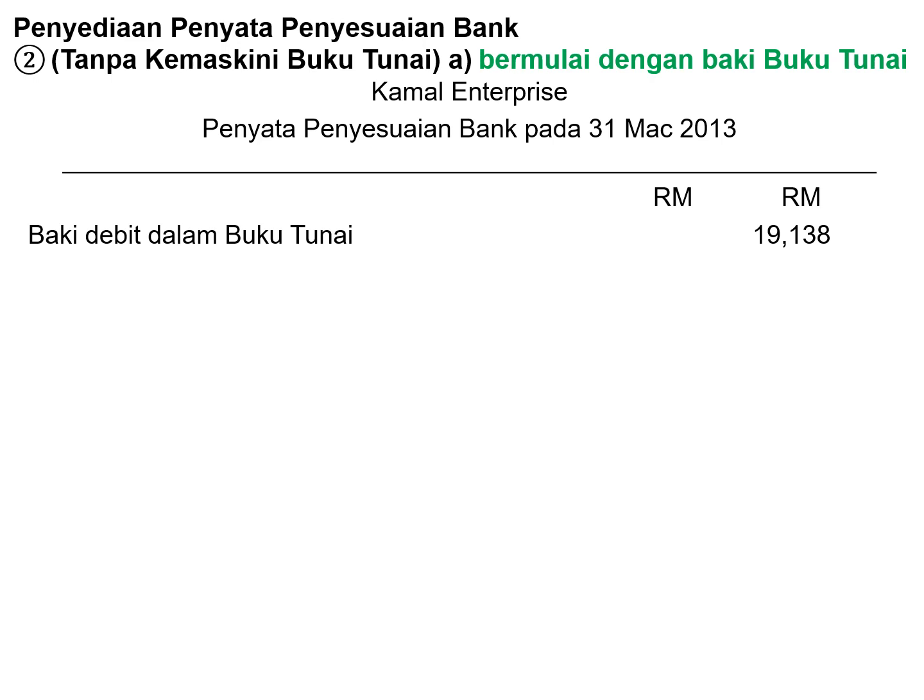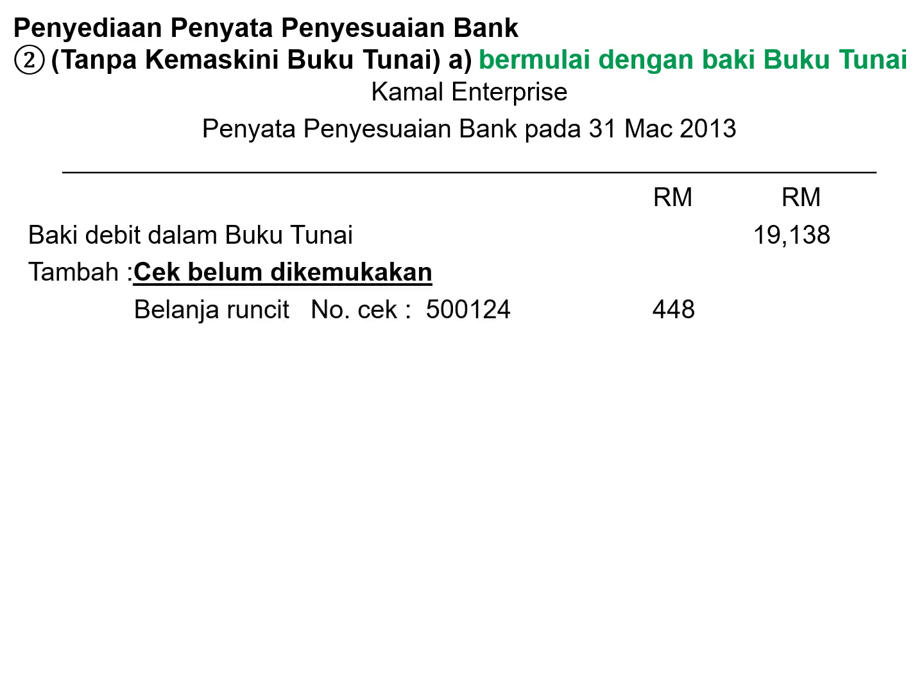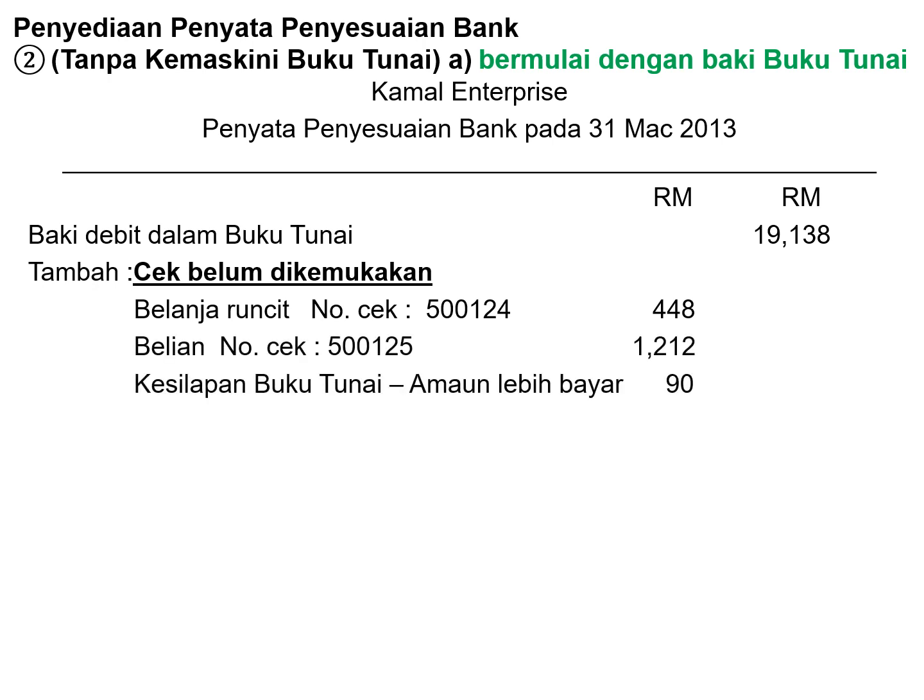skip the buku tunai method, you straight away do the Penyata Penyesuai Bank, you can start off with the buku tunai figure or you start off with the Penyata Bank figure. So let's say this one start off with the buku tunai. So I have 19138. I plus the check belum dikemukakan, I minus everything you plus first lah.